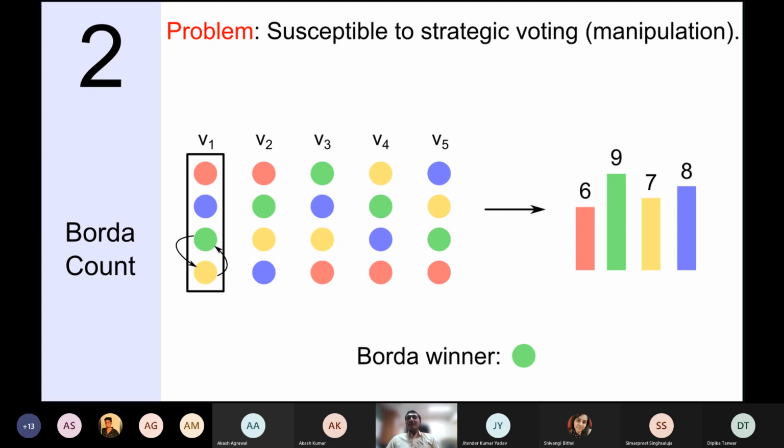This is known as strategic voting, manipulation, or lying, and this is going to be the topic of the next few lectures. But I just wanted to point out that even a more reasonable looking voting rule could have its own set of problems. Any questions so far?